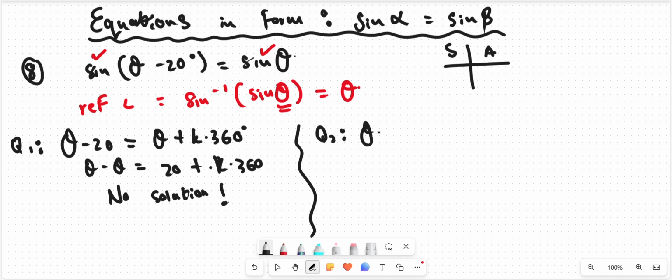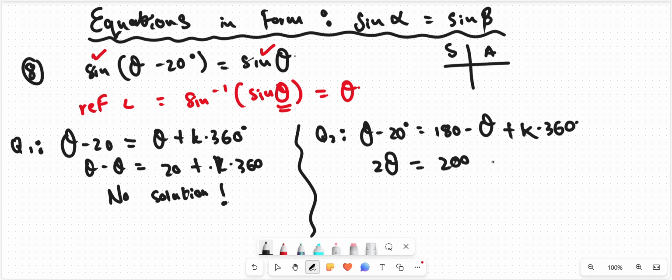Then let's try quad number 2. So now we have theta minus 20 degrees is equal to 180 minus your reference angle, which is theta, plus K360. Then if you bring the theta over, actually we get a 2 theta. 20 plus 180 is 200, plus K360.